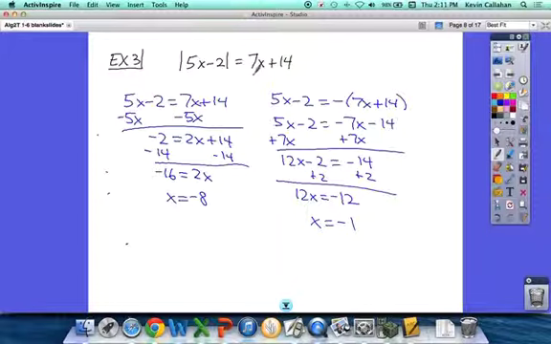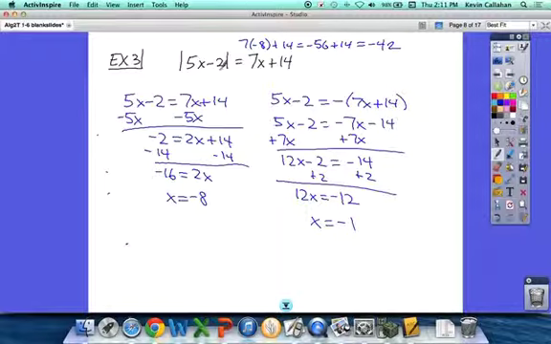Negative 42, right? 7 times negative 8 plus 14 is negative 56 plus 14, which is negative 42. So we're saying here that this absolute value equals a negative number. Is that possible? No, absolute value is always positive. There's no way that the right-hand side could be negative 42. That means this is not an answer.